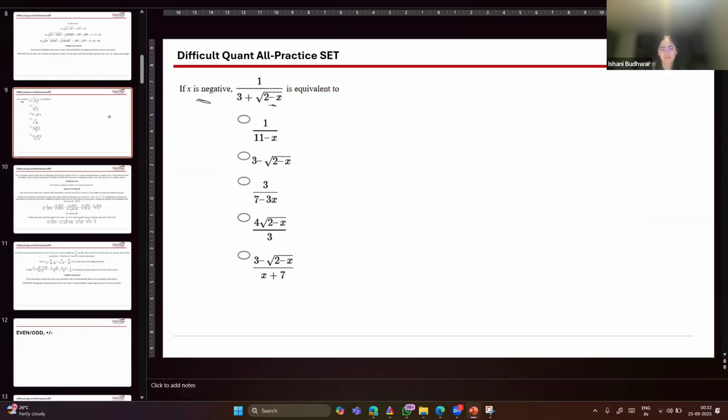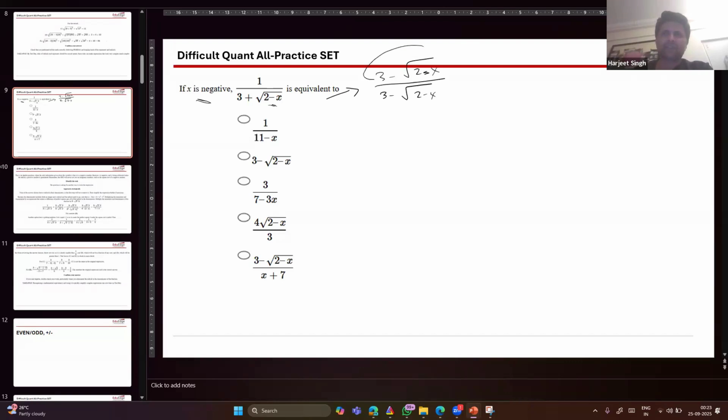I just realized that since you need to multiply this by its complement, 3 minus root 2 minus x, and you do it on both numerator and denominator, in the numerator you'll have this term, and there are only two choices with that.